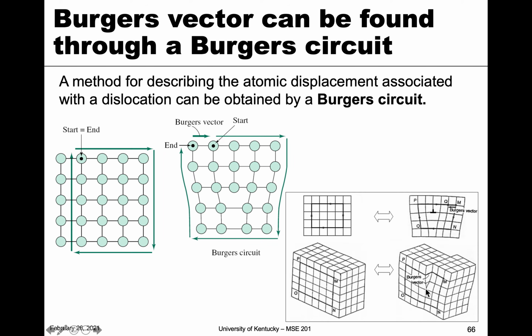So in both cases, the circuit is going to be on the plane perpendicular to the dislocation line. So again, here the dislocation line goes back into the crystal. Here it's going into the page. And so we could do the same thing, and we find the circuit in here as well. So the Burgers circuit allows us to find the Burgers vector.